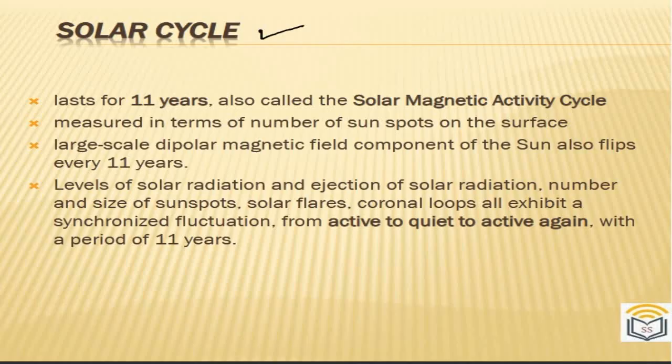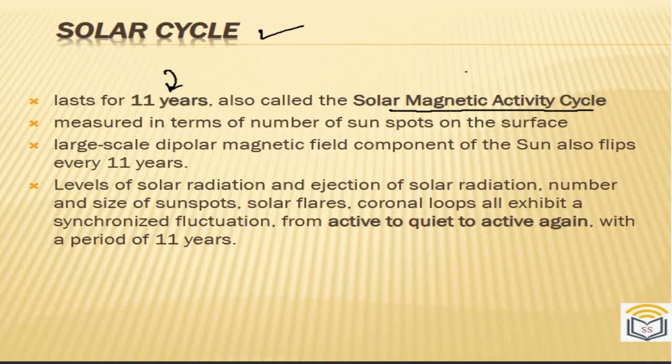So what is the solar cycle basically? The cycle of the sun lasts roughly 11 years, plus or minus 1 or 2 years, it depends. This is also called the solar magnetic activity cycle.